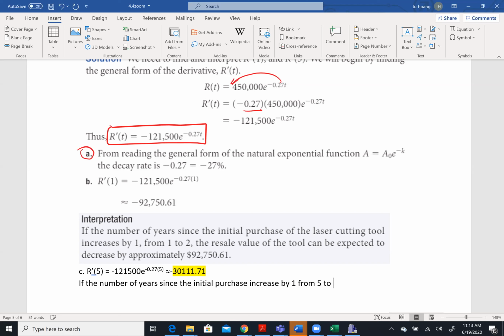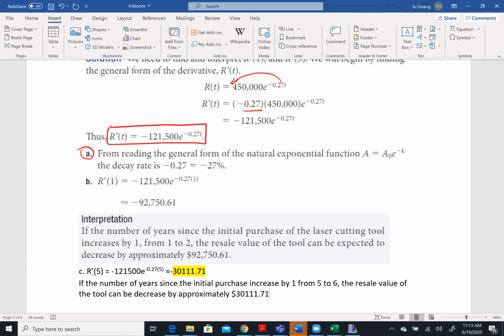From 5 to 6. Then the resale value of the tool can be decreased by approximately 3011.71 dollars.